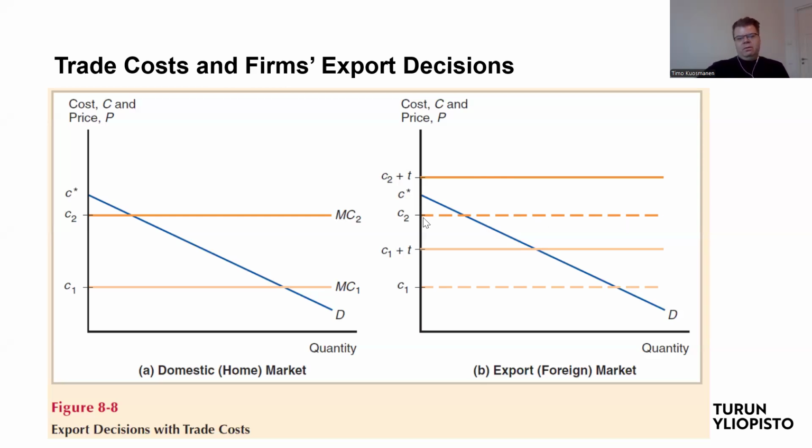So therefore, for profit maximizing firm number two, exports will be zero, because it cannot really cover both its marginal costs and the trade costs. So this diagram suggests that only firm number one is engaged in export activity.